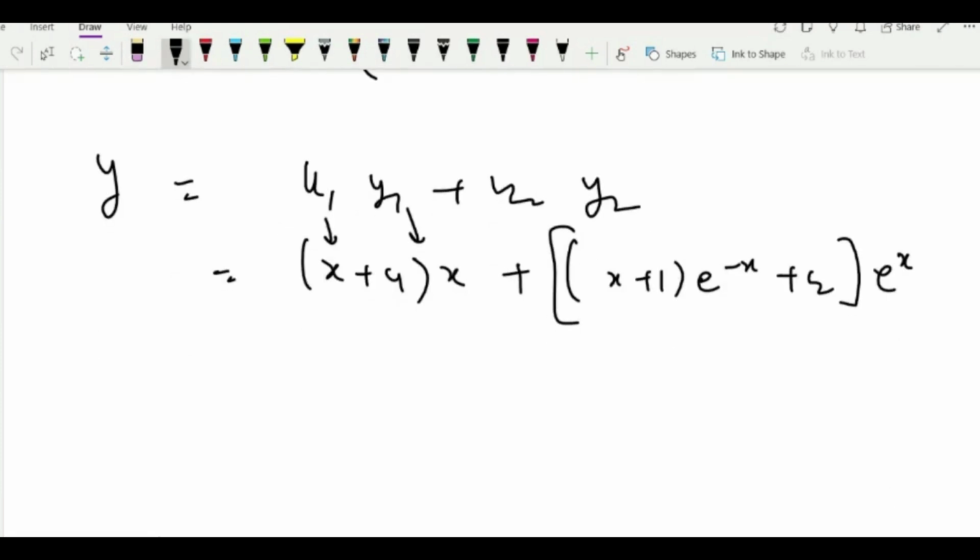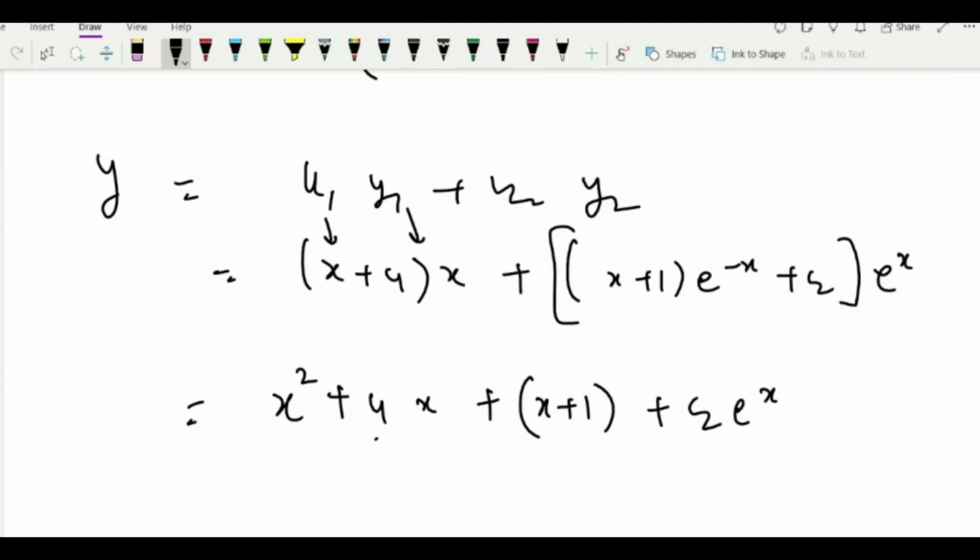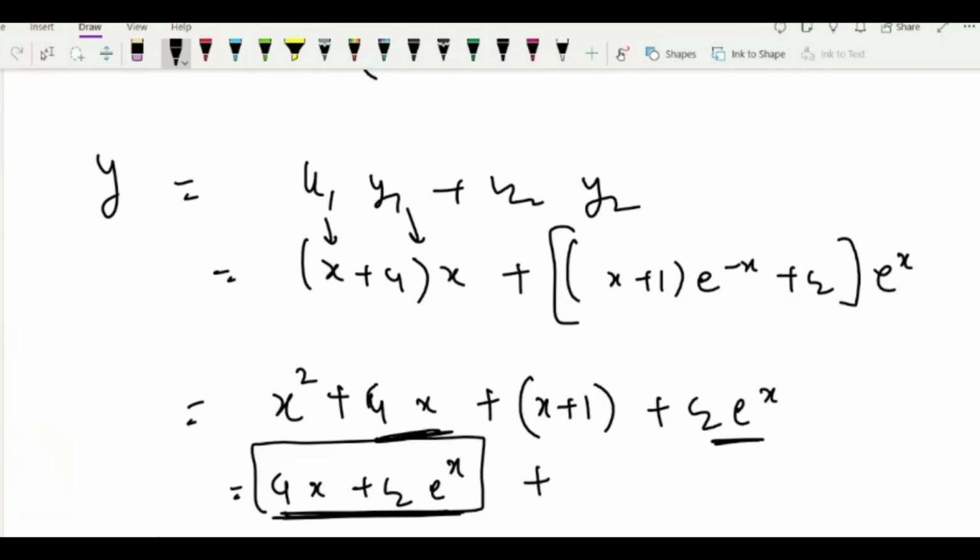So this is our complete solution, x square plus c1x plus x plus 1 plus c2 e raised to power x. From here you can see this contains constants, c1x plus c2 e raised to power x, which is the linear combination of the CF part. So this is the CF here, plus the remaining one has no constant.